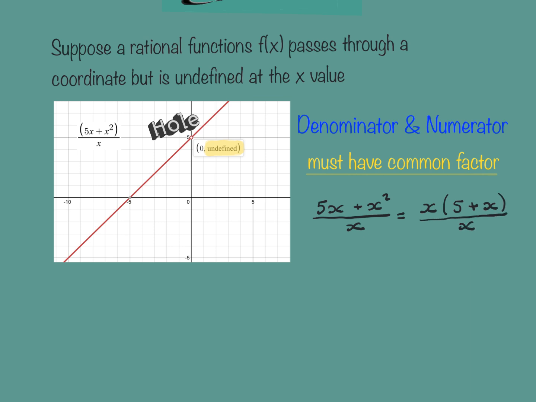Now my common factor is x, or I should say x minus 0, which means that when x is equal to 0, my function is undefined. And therefore, there is a hole at x equals 0.